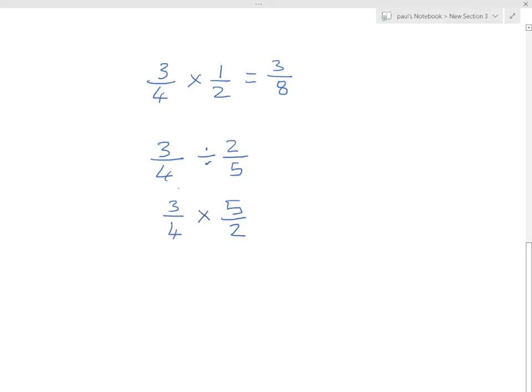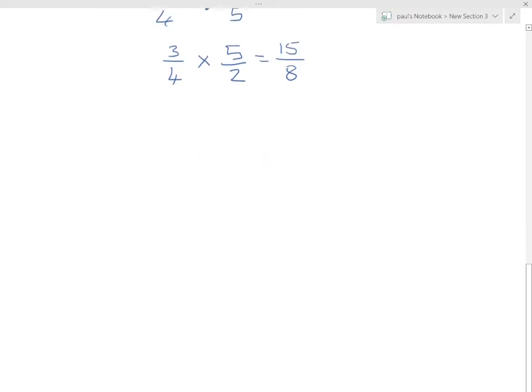The first fraction remains the same, so now we've got the same routine as up here. So 3 times 5 is 15, and 4 times 2 is 8. That's how to multiply, and that's how to divide. Don't worry about this being a bigger number on the top and the bottom. We'll do that in a second.